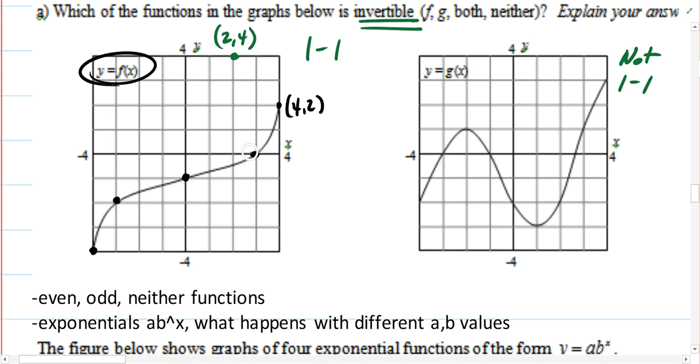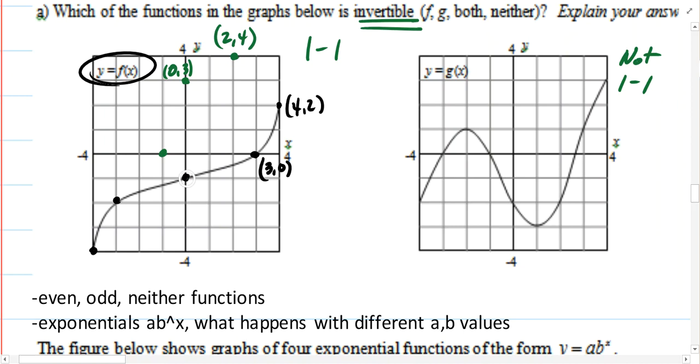This coordinate here is (3, 0), so the inverse function should have the coordinate (0, 3). We could do this for every coordinate on the graph, but I think doing so for just a handful of them would be appropriate.